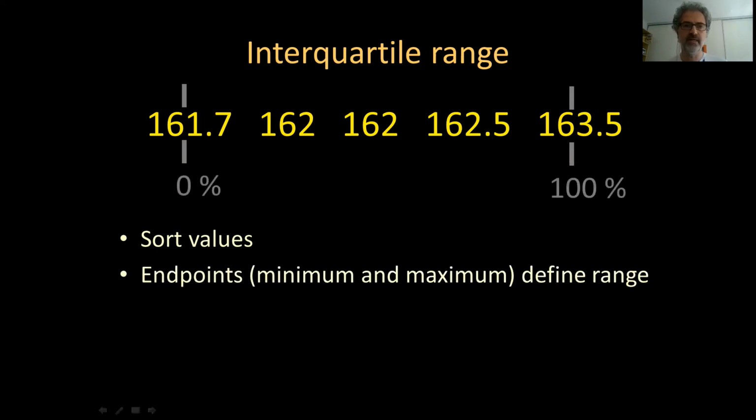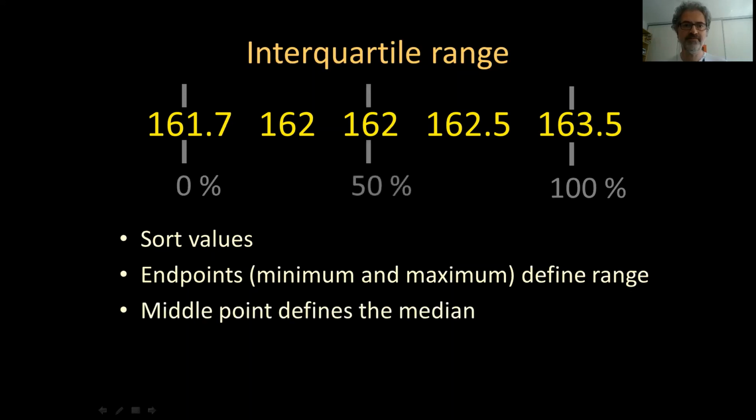So the beginning is at 0 and the last one is at 100%. These are the endpoints and they define the range of our measurements. Then, as we already know, the 50% point, which is the measurement in the middle, is called the median.